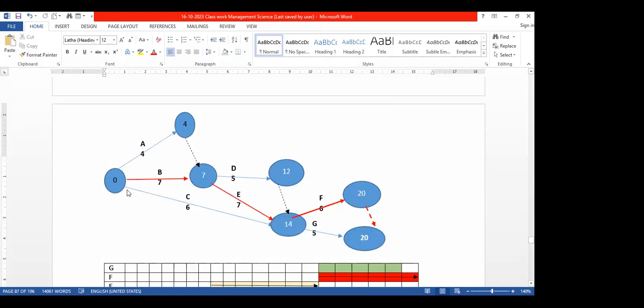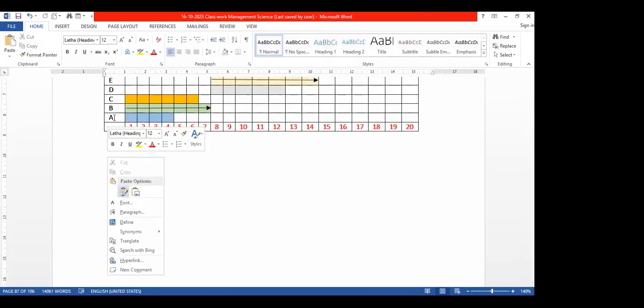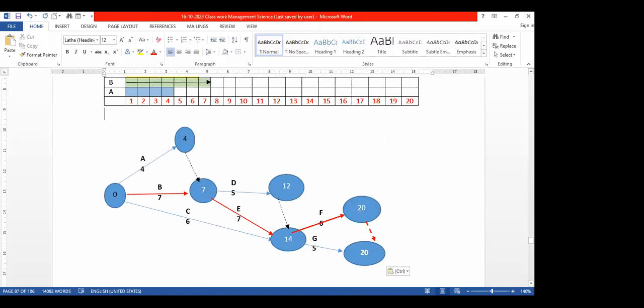I copy it here and put a title, crash duration network diagram. Crash duration network diagram.